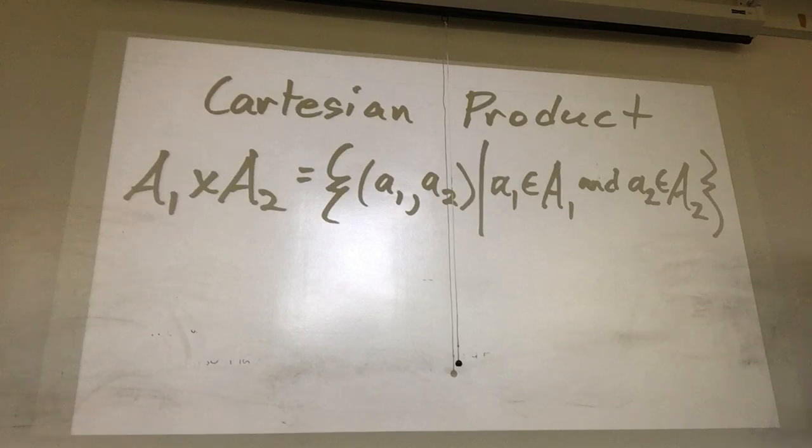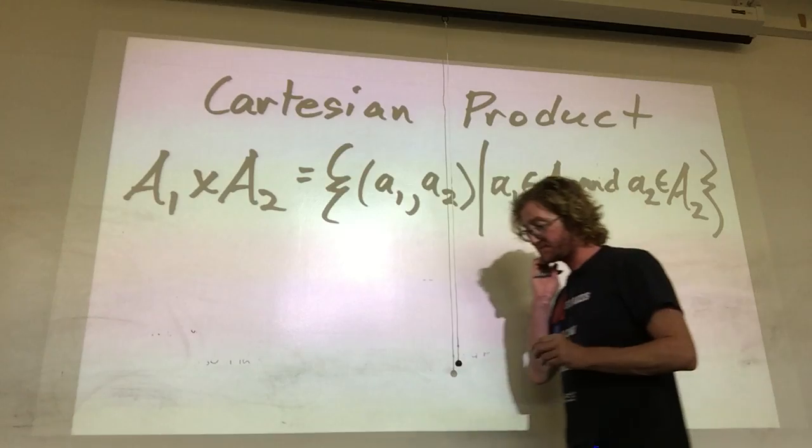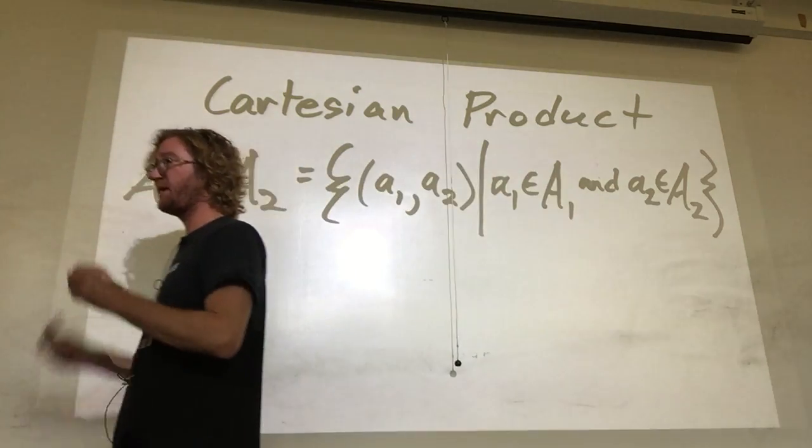Okay, so the Cartesian product is a way to form ordered pairs.